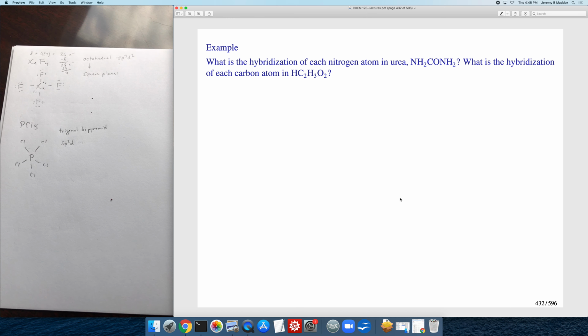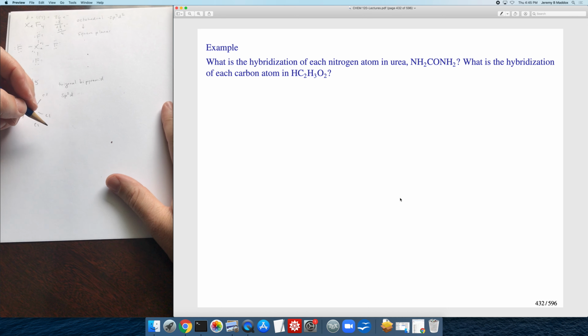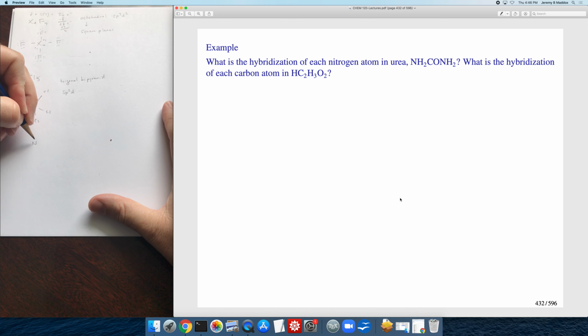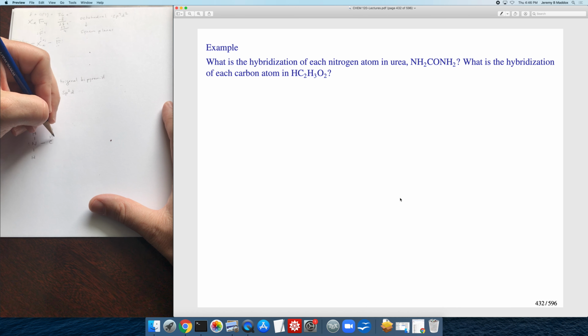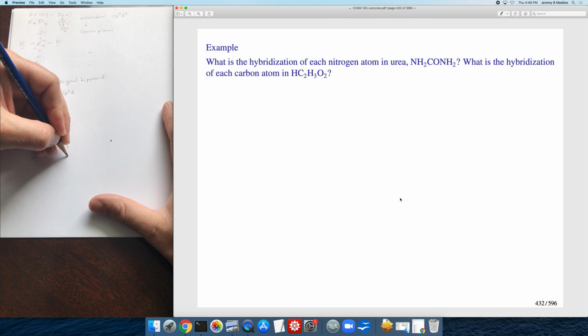Here we're being asked to look at the hybridization in 2 molecules, urea and this would be acetic acid. So let's go ahead and do that. Here's the Lewis structure that you could come up with.